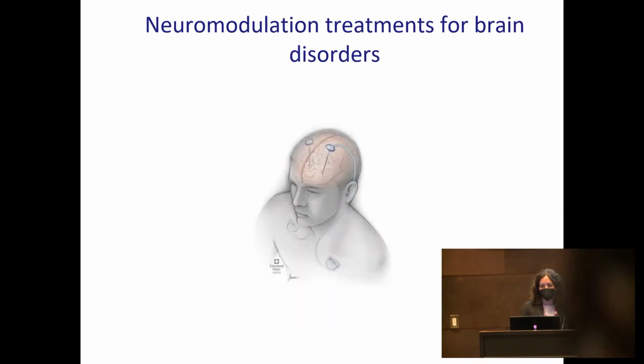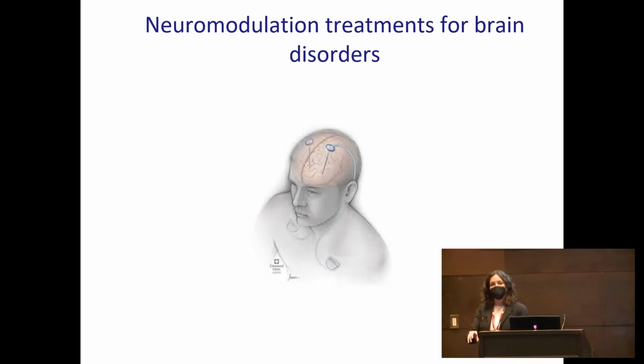And I want to highlight one of those, which is deep brain stimulation. So deep brain stimulation was developed to treat movement disorders like Parkinson's disease. You can put an electrode in somebody's brain, turn it on, and I'm not going to say cure. I shouldn't say cure. Strongly alleviate the symptoms of Parkinson's disease.